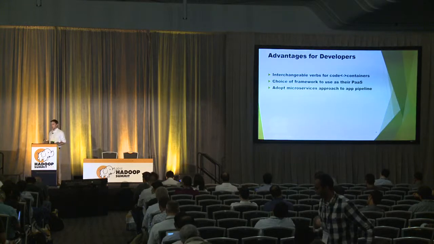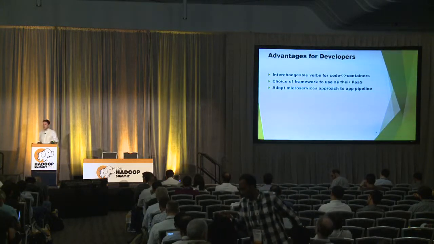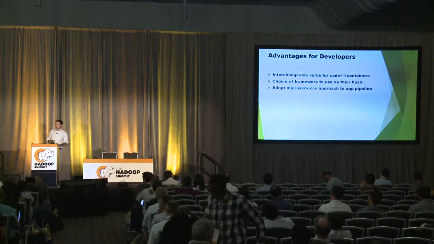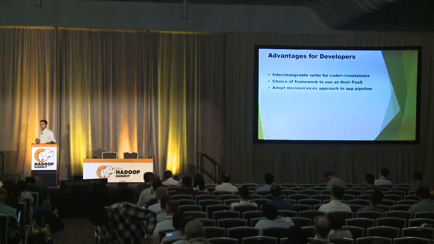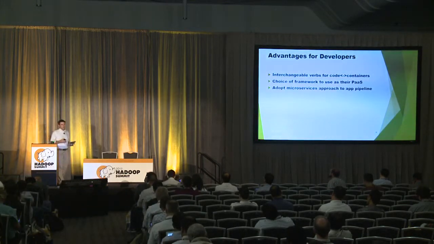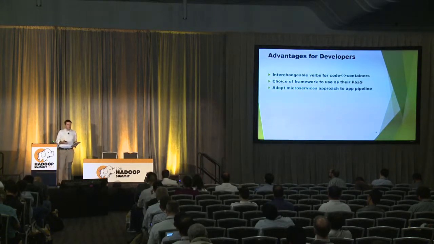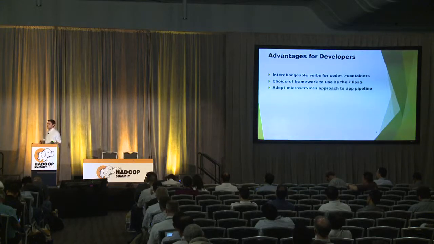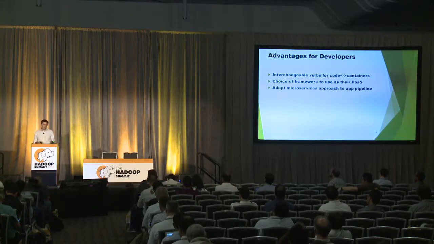They can have their choice of framework, whether they want to do analytics jobs with Yarn, short-run services with Marathon, if they want to do long-running services under another framework called Aurora, which is another Twitter and Apache project.